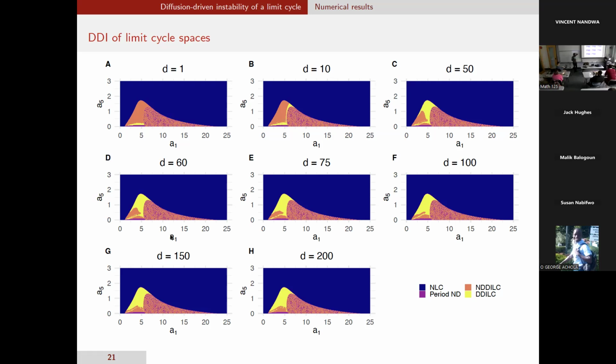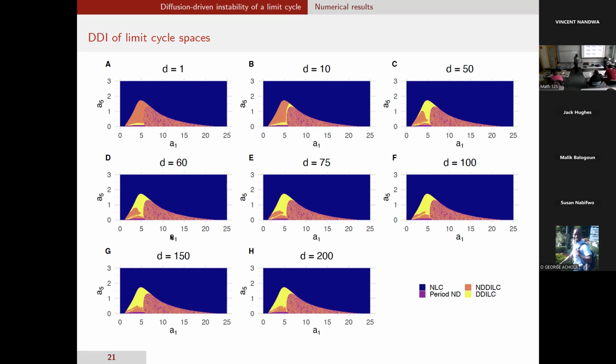So what is the idea we get in this? The orange here shows that the limit cycle is not destabilized. I just put a legend. NLC means we don't have a limit cycle, so we either have a unique steady state or a bistability coexistence between two stable steady states.